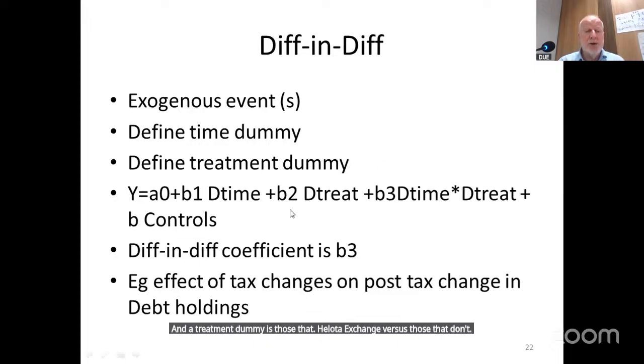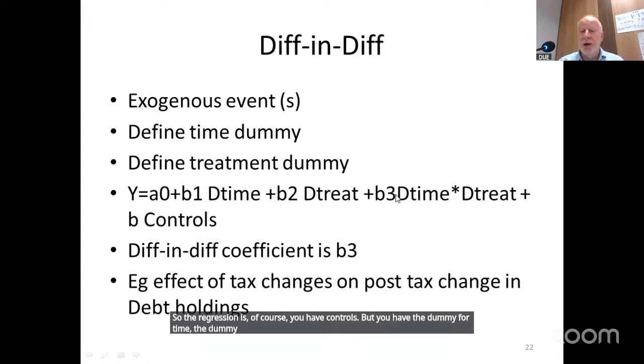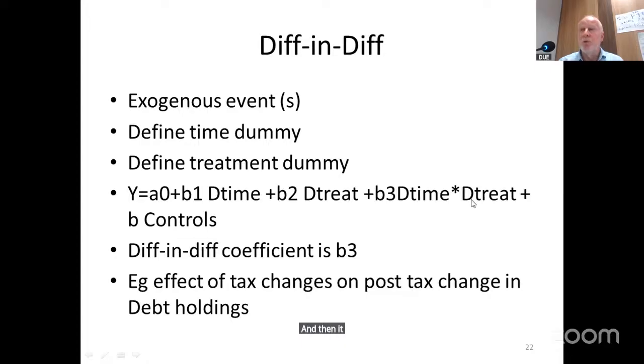So the regression, of course, has controls, but you have the dummy for time, the dummy for treatment, and then the interaction. What happened for treated firms after the tax change? So this coefficient B3, the interaction, is the really important coefficient. What happened to the debt after the tax change?